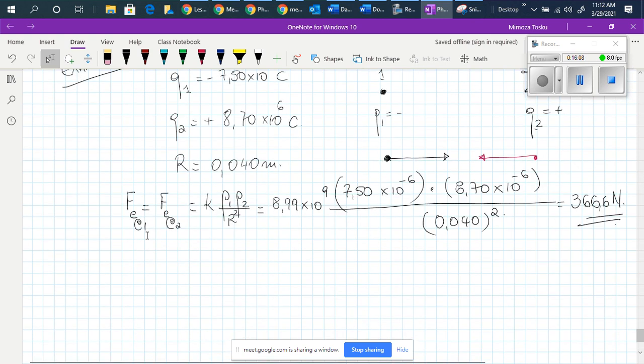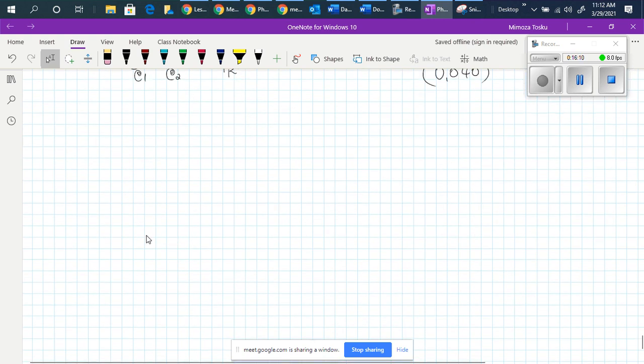Okay, let's see another example. I think it is example 4. We have two charges of the same sign.